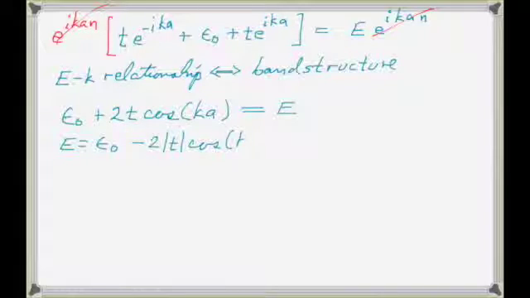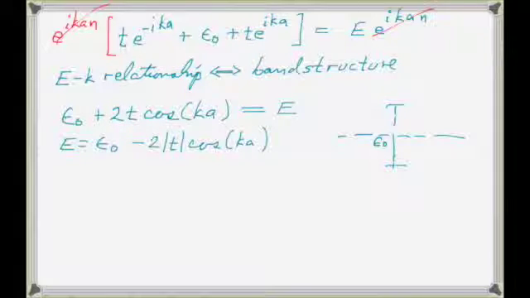cosine ka. And if you were to plot that, often people using such a simple model would let epsilon 0 just be 0, since you're not worried about exactly what the energy is. You shift the whole thing, we'll see this when we do graphene.